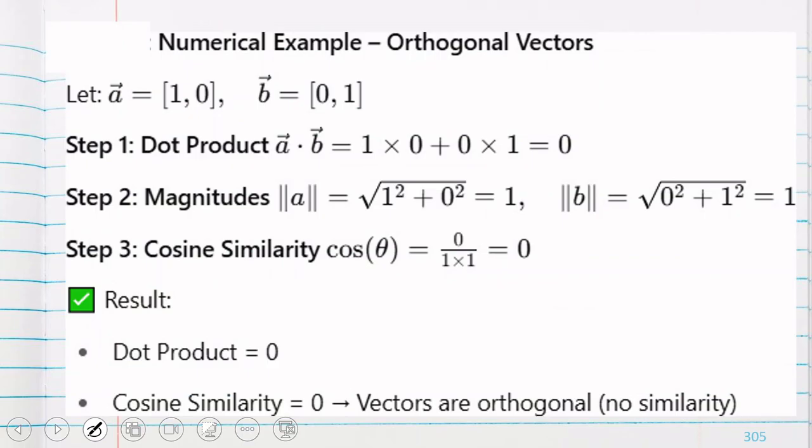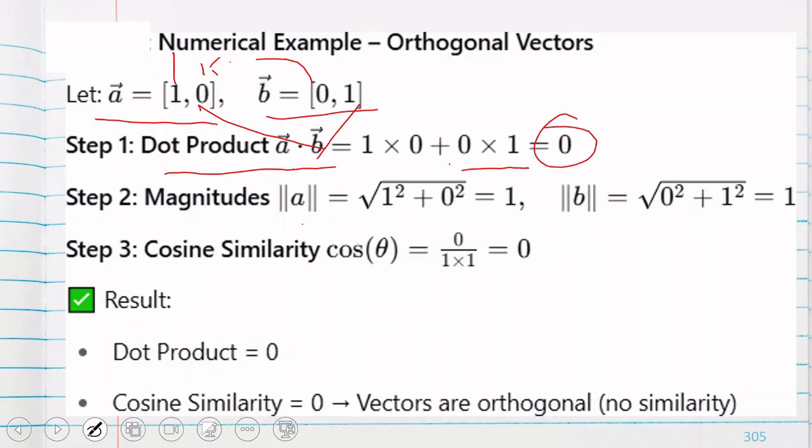Numerical example. A equal to (1, 0), B equal to (0, 1). Dot product of A dot B means 1 into 0 plus 0 into 1, that is 0. Norm of A: A is (1, 0).